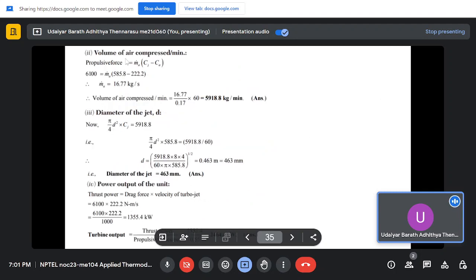The next is volume of air compressed per minute. For finding out the volume of air compressed, we need to find out the mass of air which is being compressed.